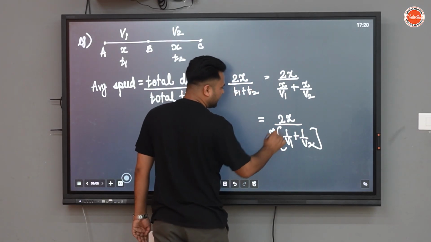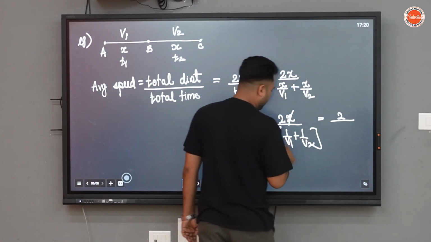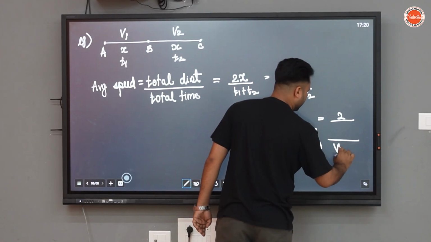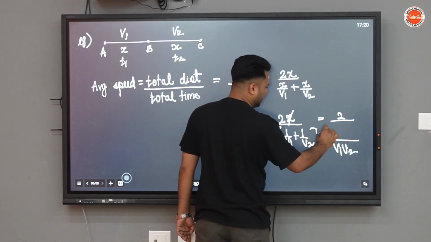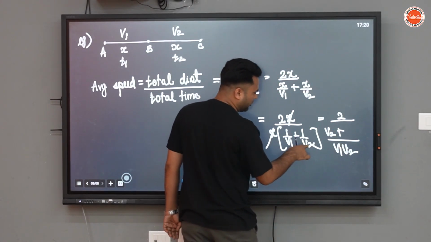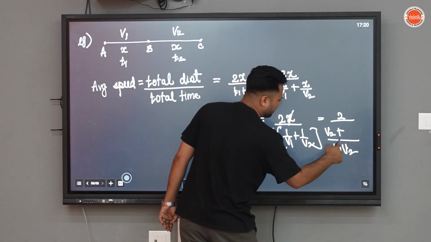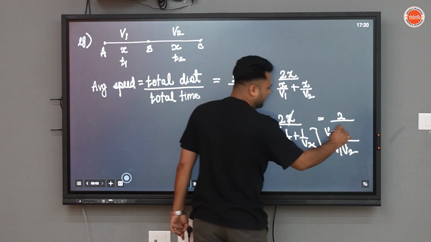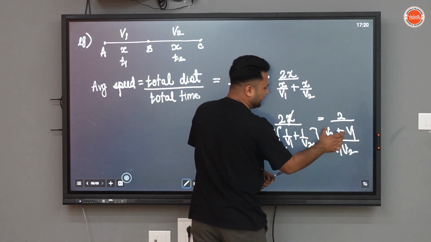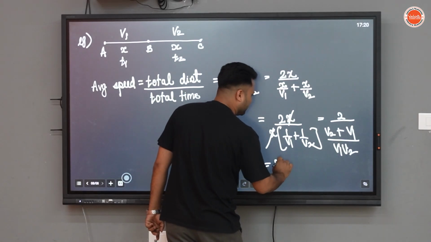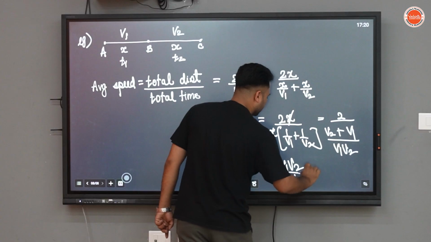Correct? x cancels. So 2 divided by, you take the LCM, V1 V2. V1 is already there, V2 you have to write, V2 into 1, plus V2 is already there, V1 you have to multiply, so that you get V1 V2. So V1 multiplied by 1, V1. Now this will go up and this will be down only, so our final answer will be 2 V1 V2 divided by V1 plus V2.